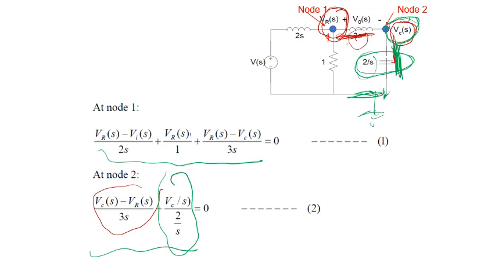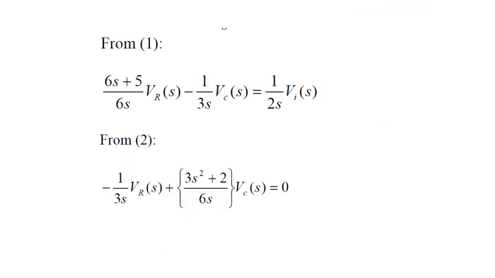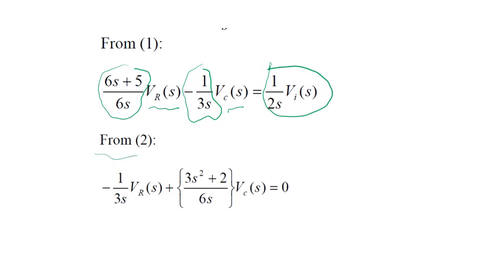We will simplify them until we put them in certain format, which we can solve by any technique, preferably Cramer's rule. So here he simplified the previous two equations and he put them in the form of coefficient VR, coefficient VC, and the output, which is V. Then from equation number 2, coefficient VR, notice here VR and here VR.